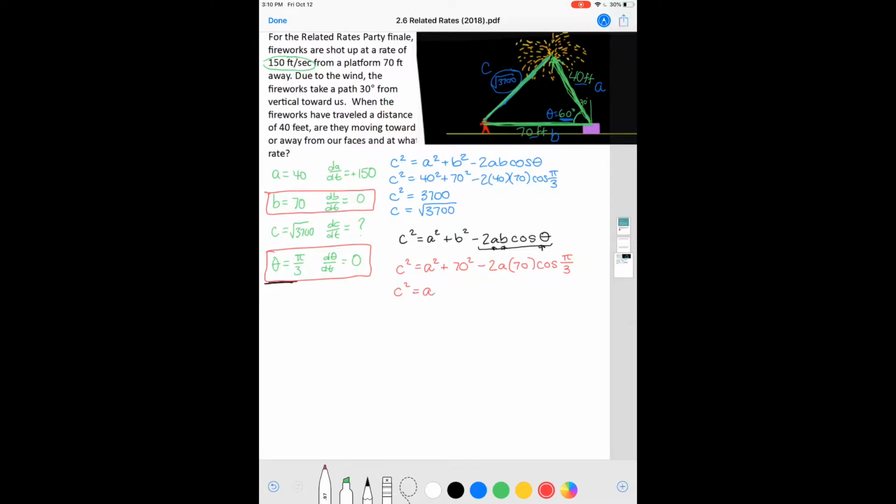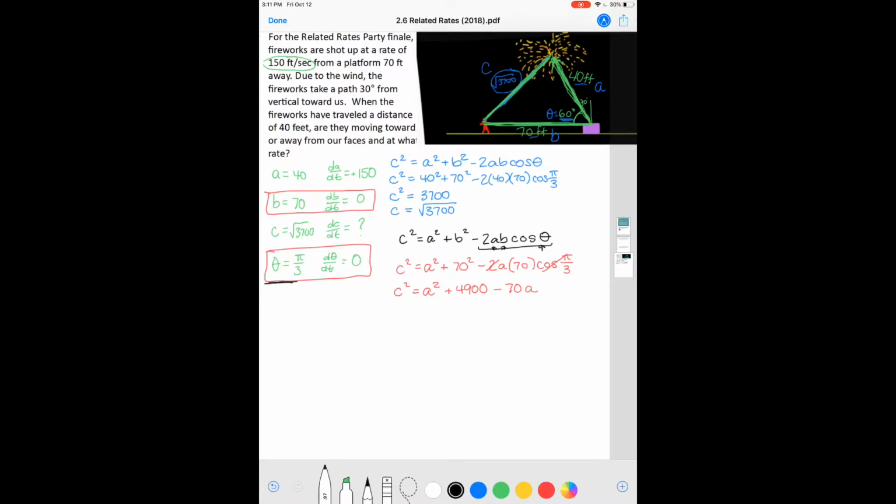I'm just going to simplify this. Always better to simplify before you try to take a derivative. Cosine of pi over 3 is half, so 2 times half is 1, and I have a minus 70A. All right, I think it's time for a derivative.